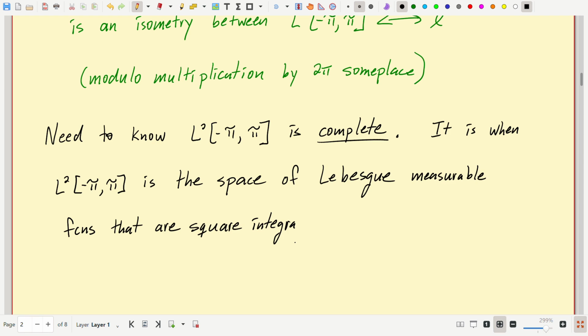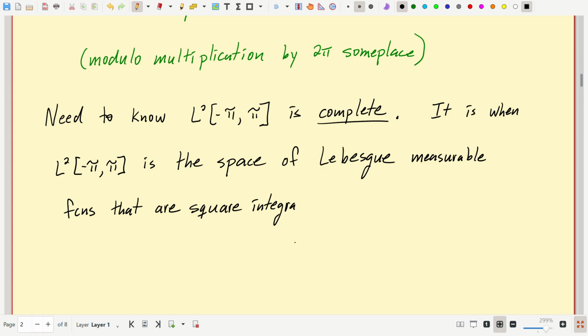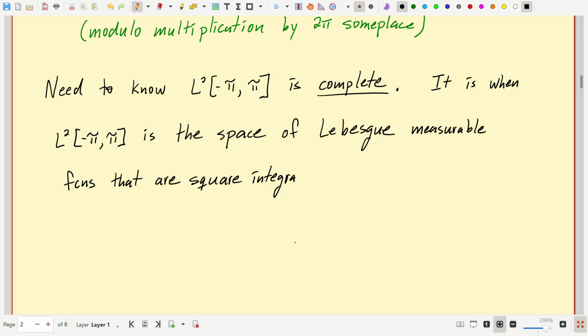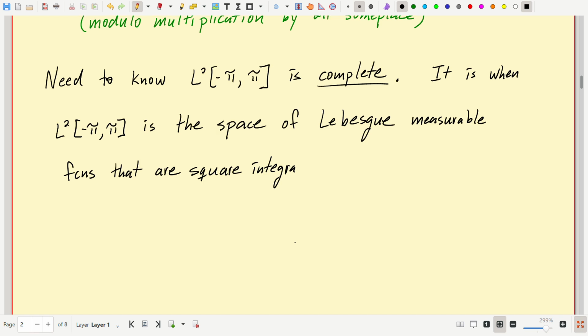And when you do it that way, then Bessel's inequality shows you that these things actually converge in L2, with respect to the Lebesgue integral.